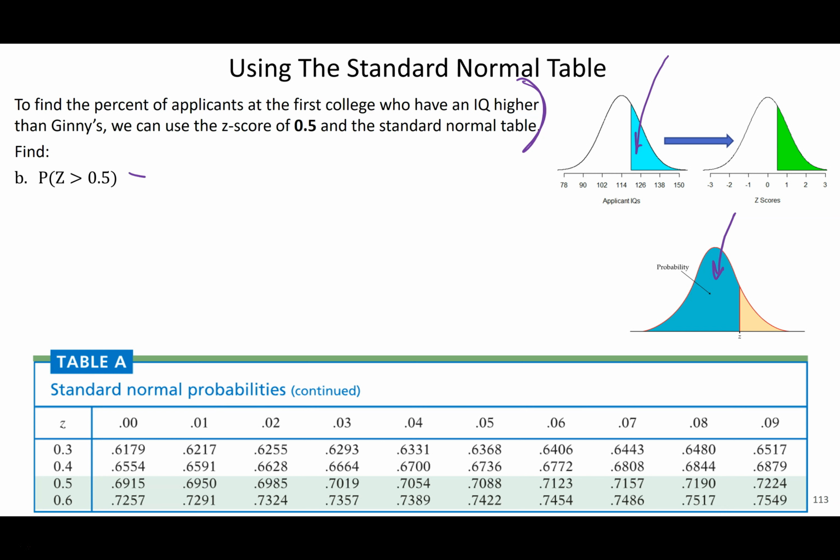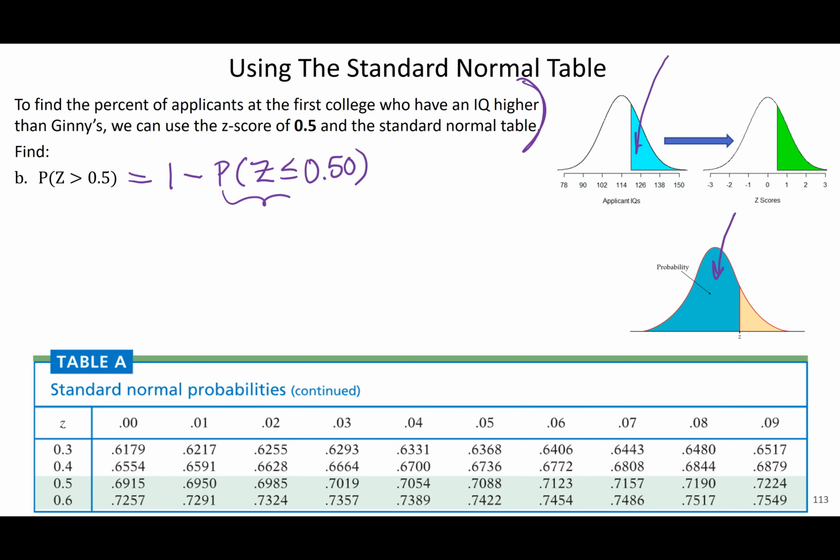So if I want to know the probability of finding a student with an IQ higher than Ginny at college 1, I can subtract the probability that it's less than or equal to 0.5.